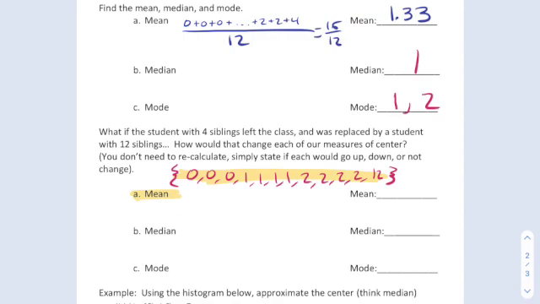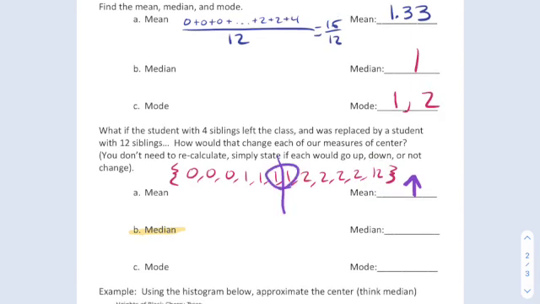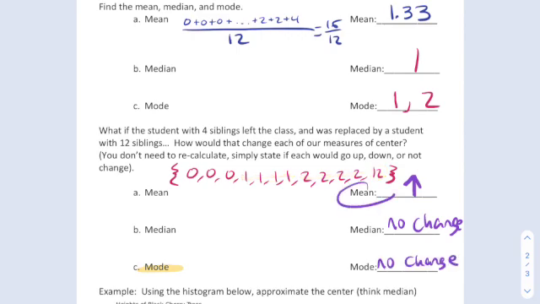And I'm still going to be dividing by 12, so the mean's going to get bigger. Next, for the median, even though this number got bigger, the middle's still right here between the numbers 1 and 1, so the median stays 1. It doesn't change. And finally, for the mode, even though I changed this 4 into a 12, the numbers that repeat most often are still going to be 1 and 2. So the median and mode don't change, but the mean does.